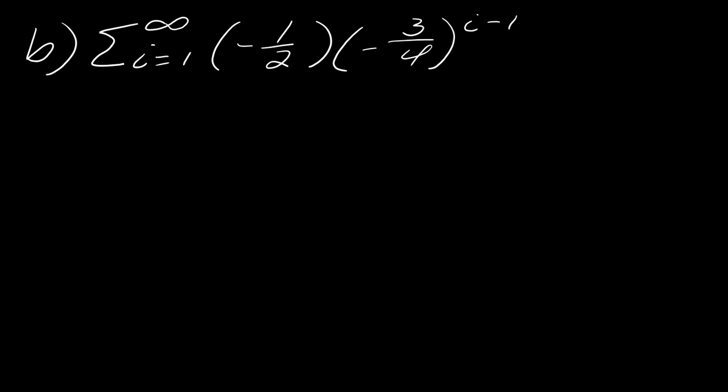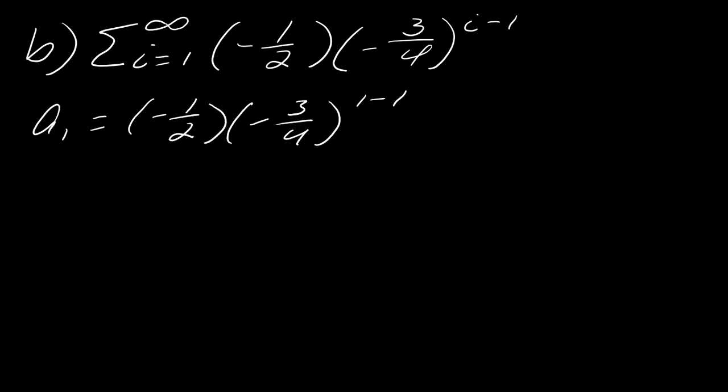Okay, so what about this next series? This is another infinite series because I'm going from i to infinity. So I've got all this information here. If you're not sure what the first term is, I always say just plug in i equals 1. So let's figure out what the first term in this series is. If I plug this all in, here's what this looks like.